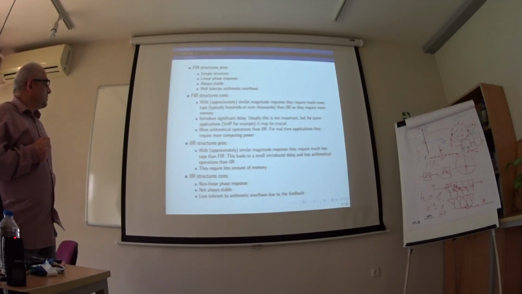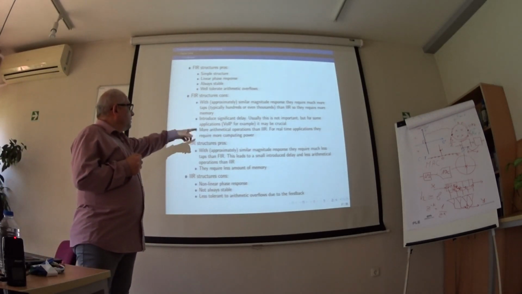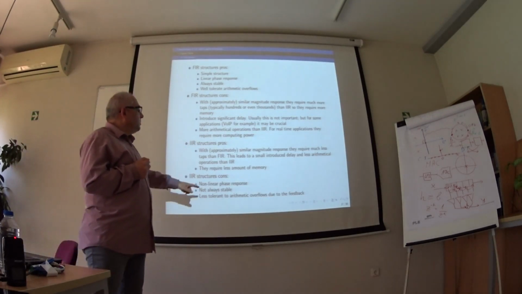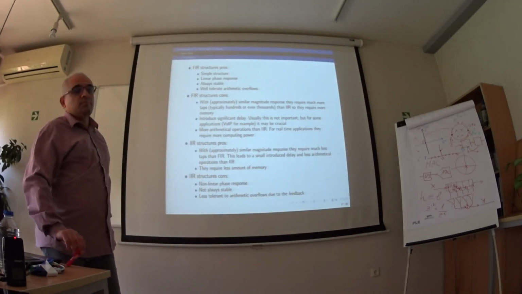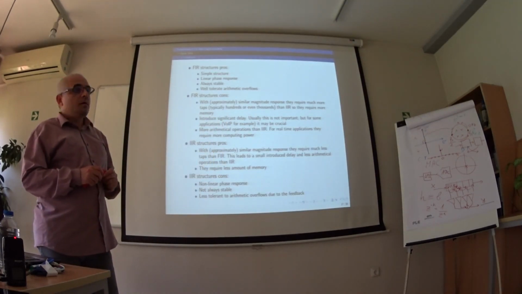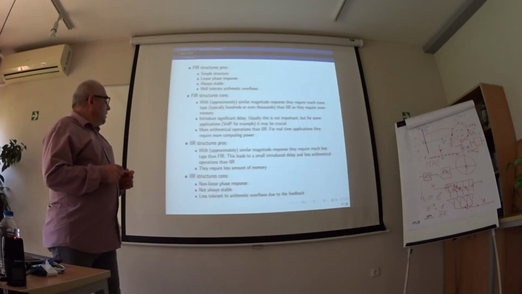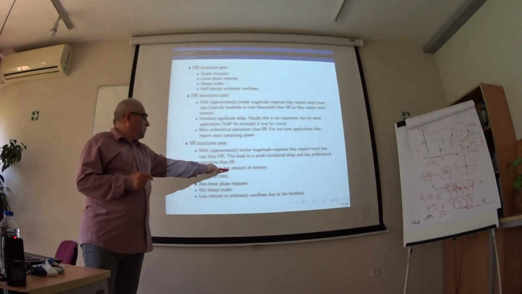FIR structures are with much more taps. They introduce significant delay in applications such as VoIP. This could be a problem, but sometimes it is not important. And IIR structures require less memory.